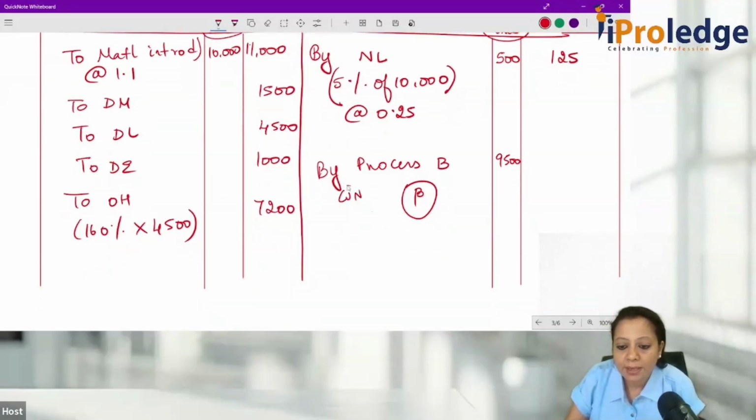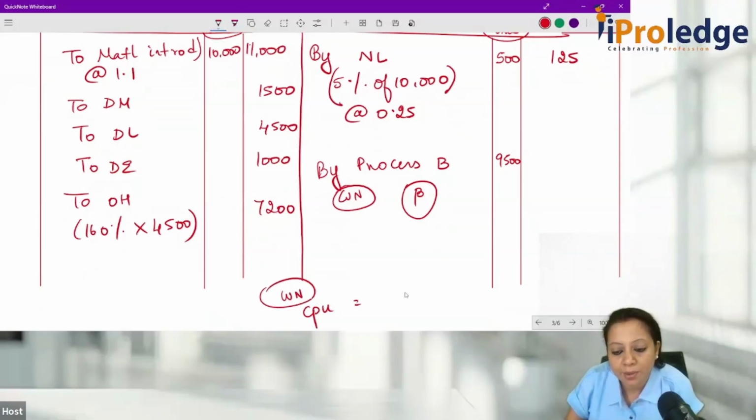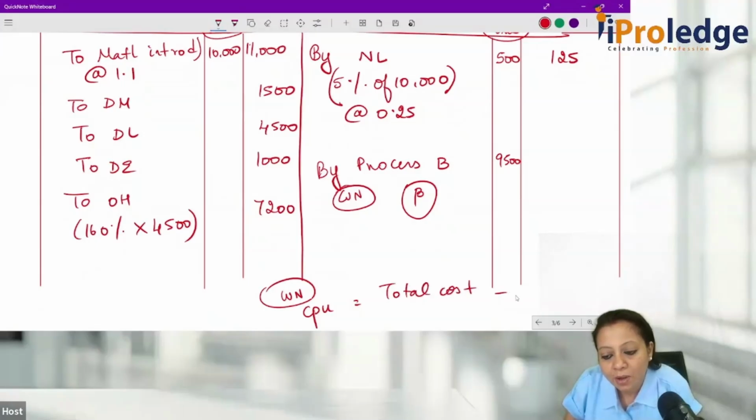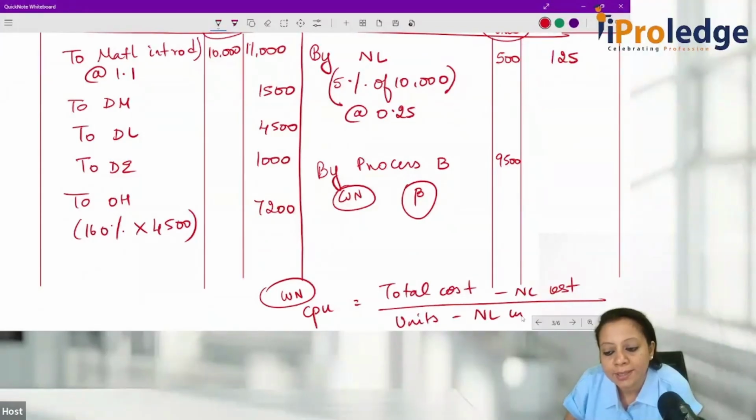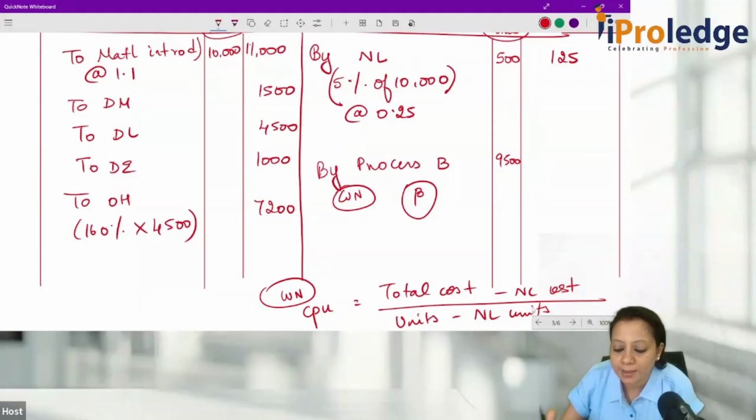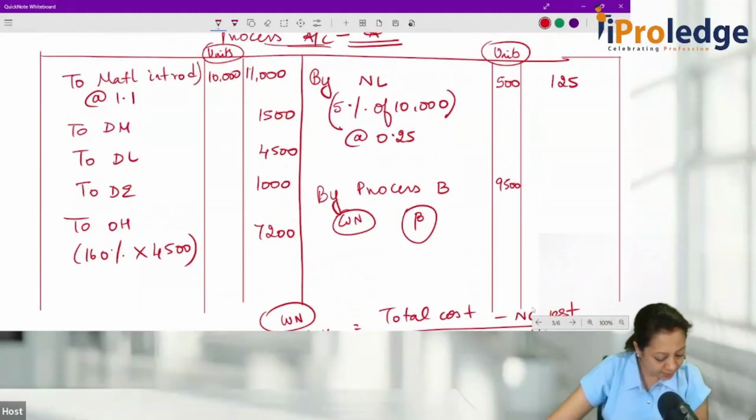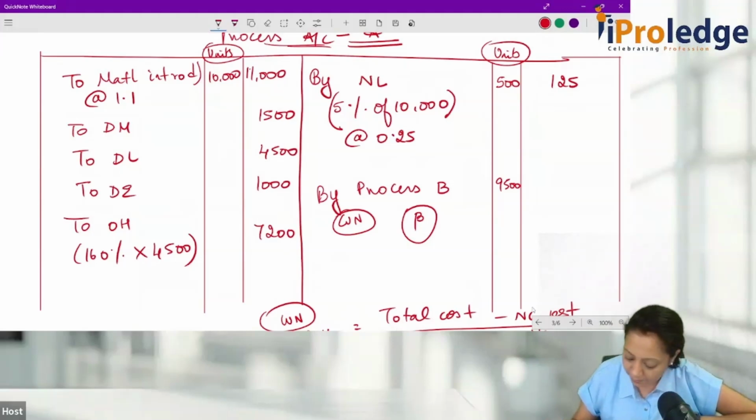So it is going to be a working note. The working note is the cost per unit. You all remember how to do it? Total cost minus normal loss cost, divided by total number of units minus normal loss units. I hope everybody is able to remember this. So all of you please do 11,000 plus 1,500 plus 4,500 plus 1,000 plus 7,200.